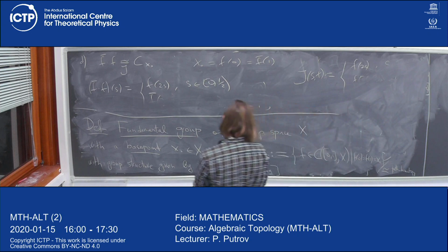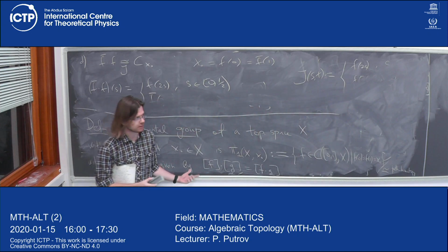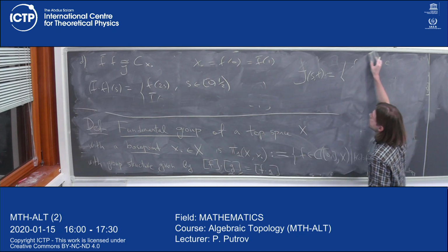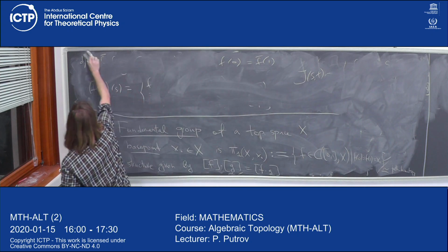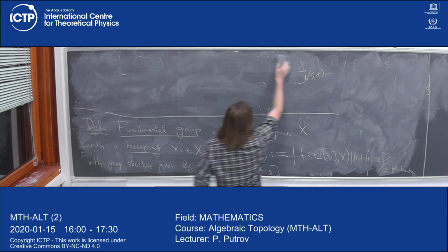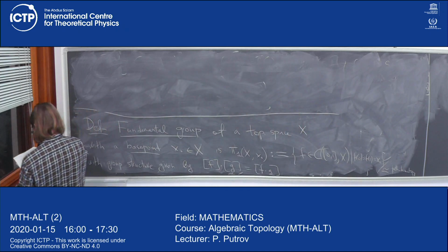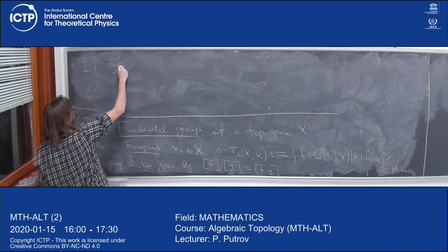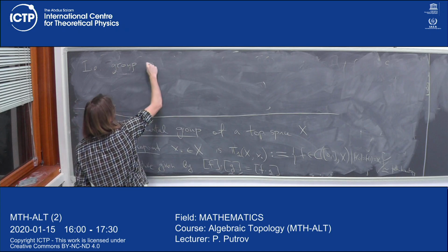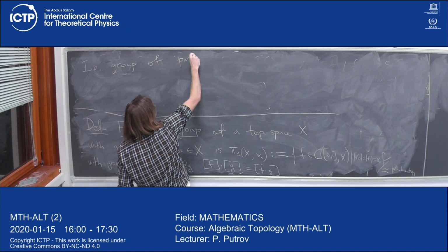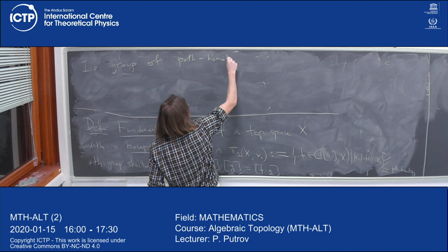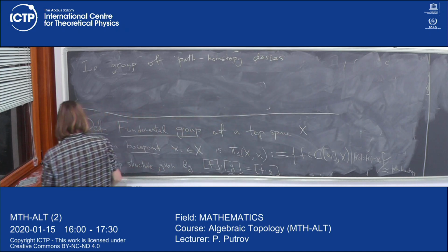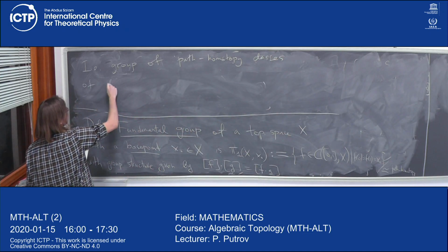So as usual, by square brackets I denote an equivalence class with respect to the chosen equivalence relation, which is path homotopy. So in words, one can say this group is a group of path homotopy classes of loops.